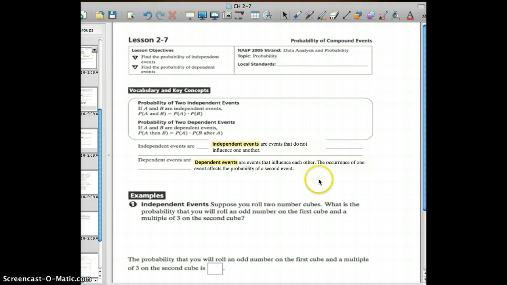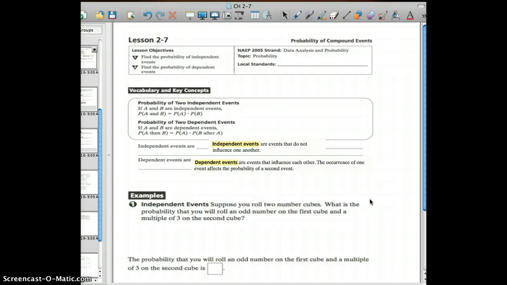Now, dependent events, here we can see, are events that influence one another. The occurrence of one event affects the probability of the second event. So you want to think about, if I have, let's say, 5 jelly beans and 2 are green and 3 are red, okay? So I eat a jelly bean from my 5 jelly beans. I only have 4 left.